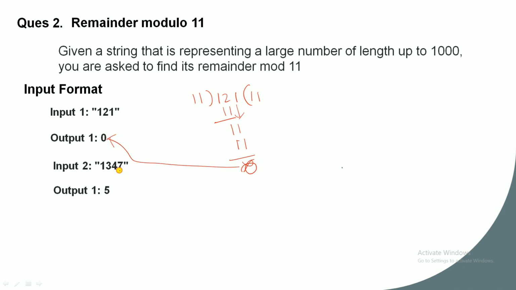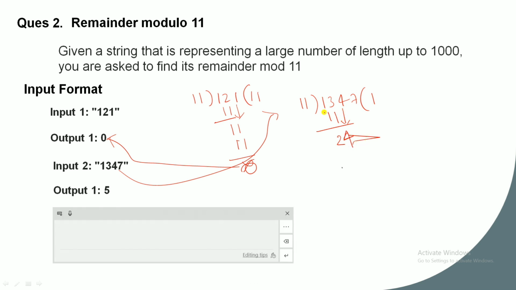Okay, so for 1347: 11 ones are 11, so here the remainder will be 2, and this 4 goes down, and this will become 24. Then 11 twos are 22, and the remainder will be 2, and this 7 goes down here, and this will be 27.